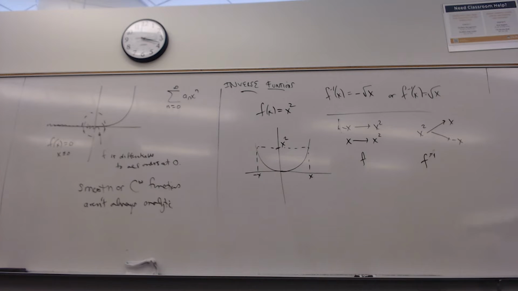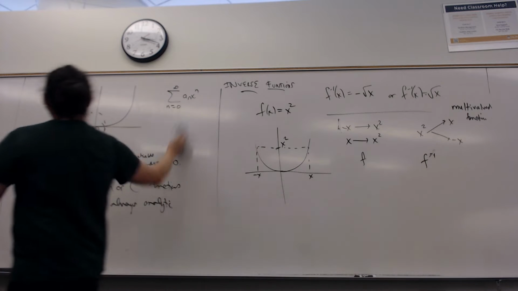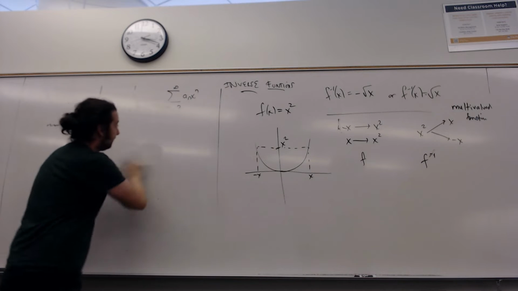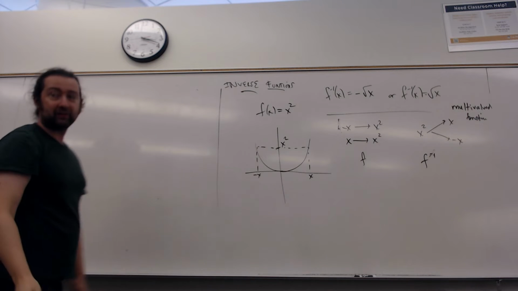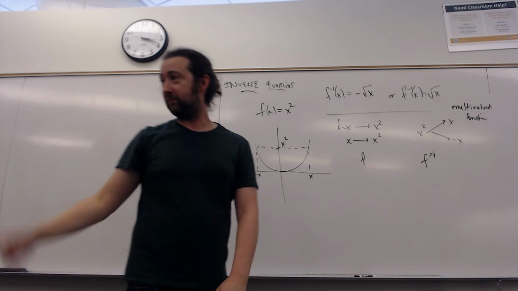Every input produces 2 outputs. Now, we don't often do this, but it's a way of thinking about the function as containing both rules at the same time, right? That the inverse produces 2 values from each input value to completely characterize exactly what could produce x squared. Okay, so these pieces, to use the language of complex analysis, were really secretly going on in the background all the time.